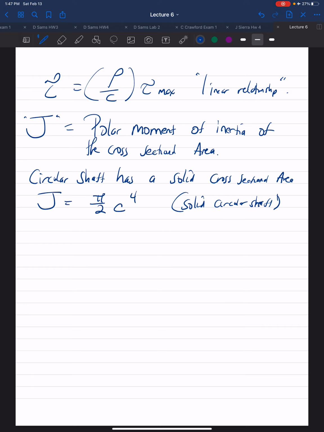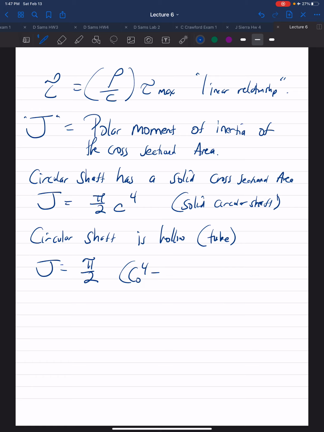If the shaft is hollow, like a tube, then J is defined as pi over 2 times the 4th power of the outer radius minus the 4th power of the inner radius.